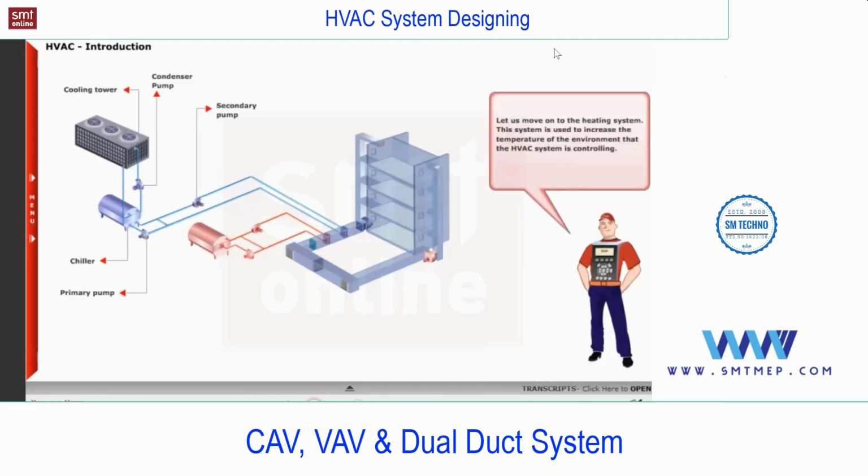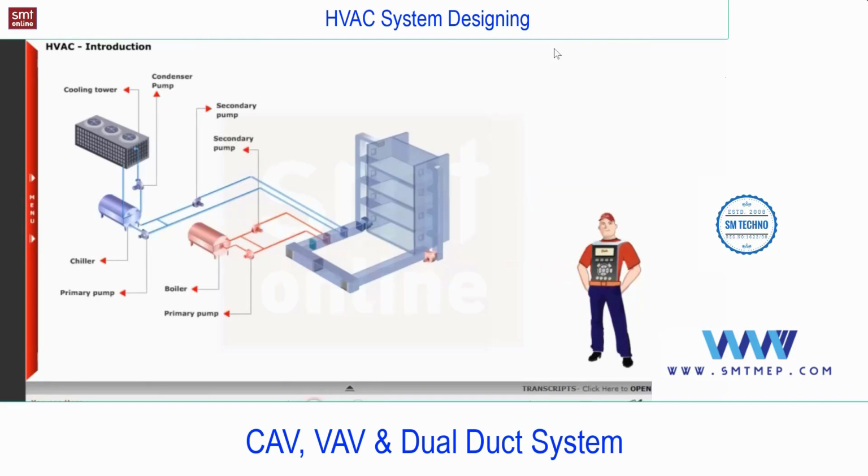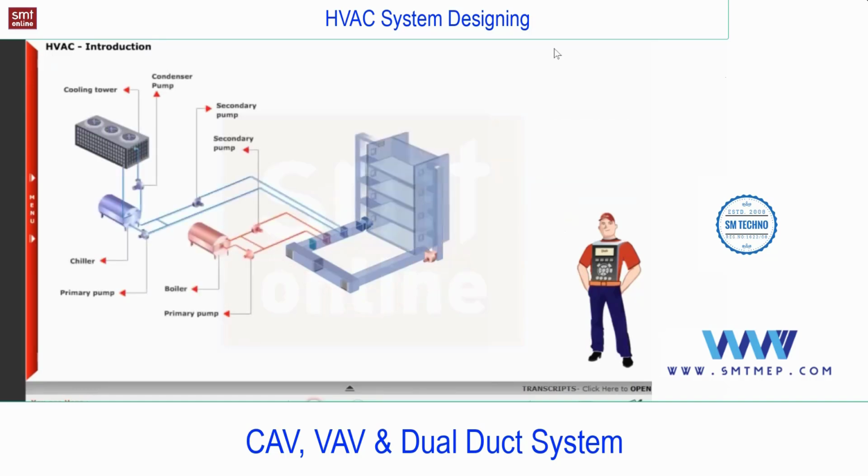Let us move on to the heating system. This system is used to increase the temperature of the environment that the HVAC system is controlling. The components of the heating system are boiler, primary pump, secondary pump. The third section is the air handling unit. The AHU controls the ventilation and temperature in a building by controlling the airflow capacity.